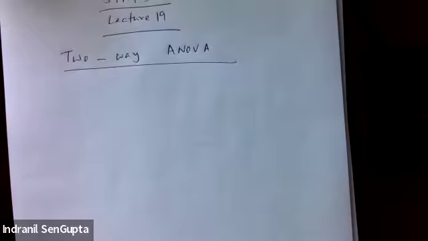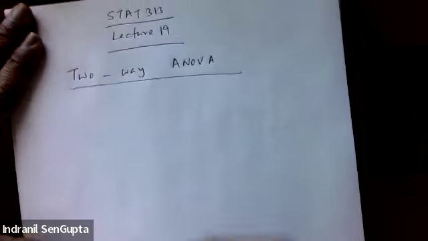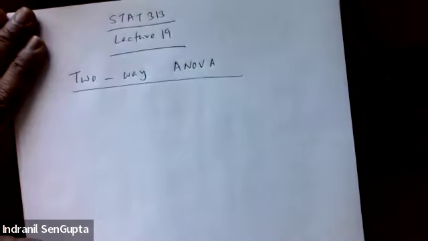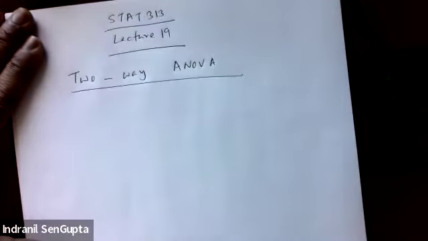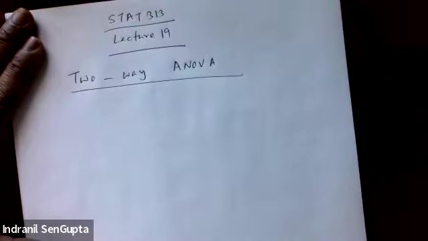First of all, let's see what's the difference between the one-way ANOVA that we learned before and the two-way ANOVA that we are discussing in this section. In general, one-way ANOVA and two-way ANOVA are statistical tests that are used to compare the means across different groups. But they differ in the number of independent variables.